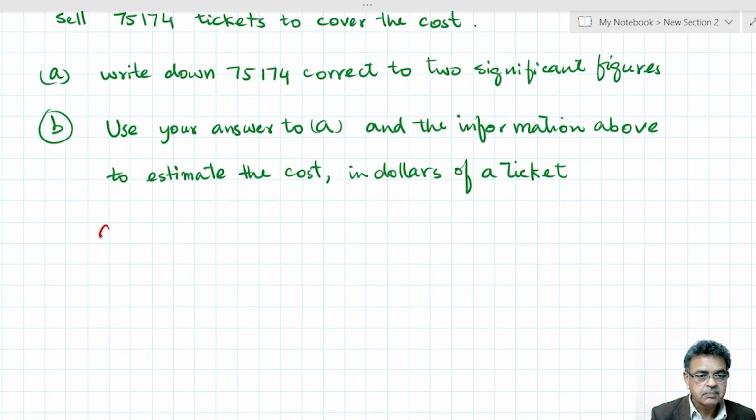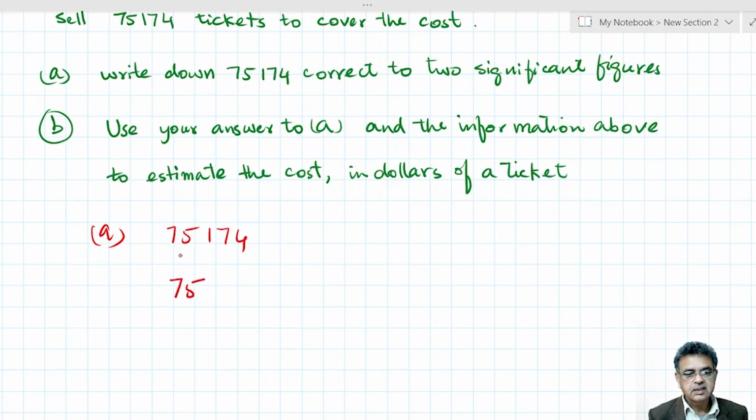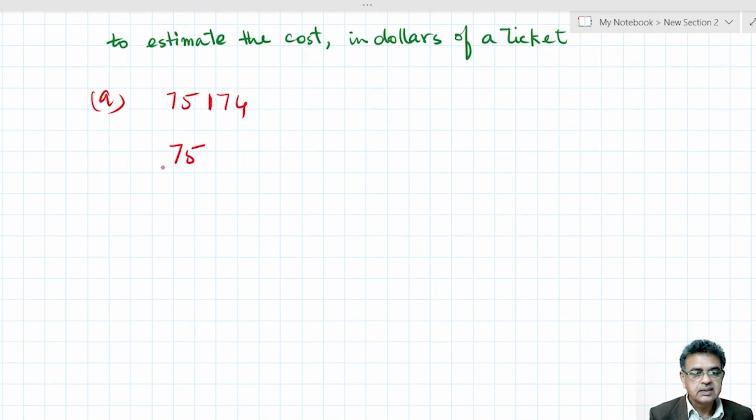Answer to part A, 75174. The two significant figures are 75. This is supposed to be rounded up if the next digit is 5 or more than 5. But this is far less than 5, so this number remains as it is. And now these are two significant figures, but we have to write 3 zeros here to adjust these values.